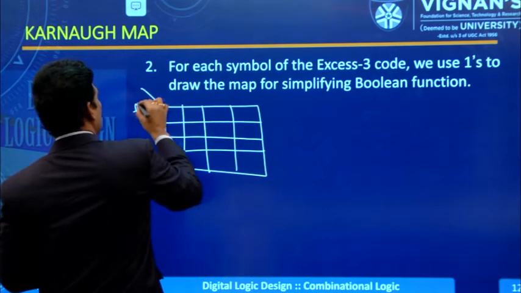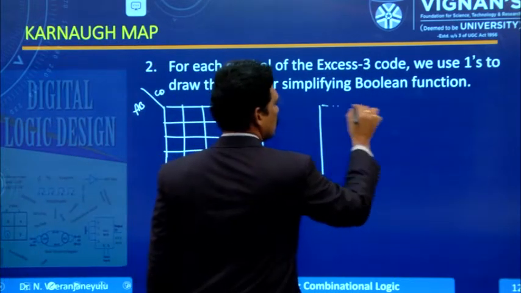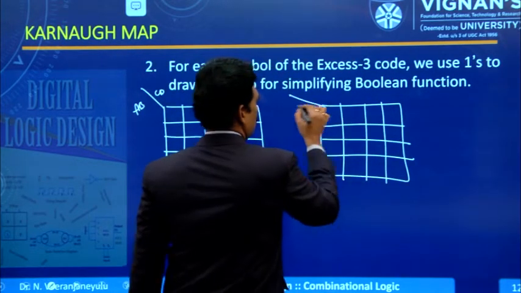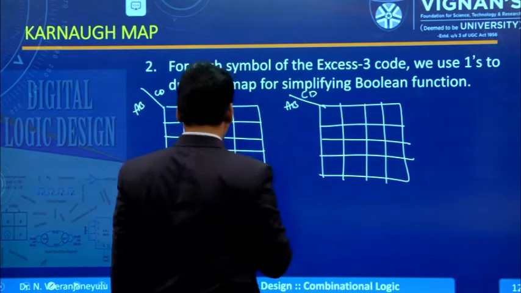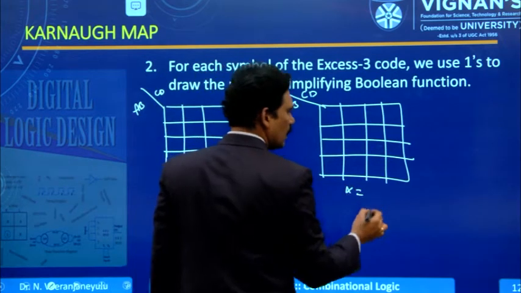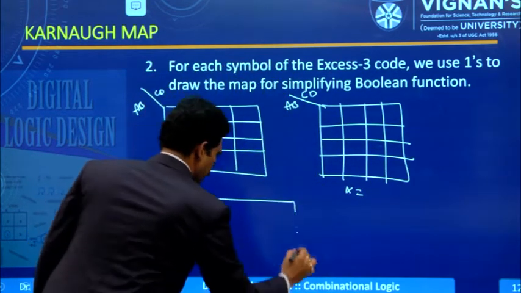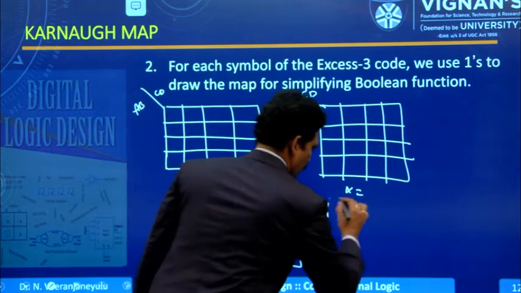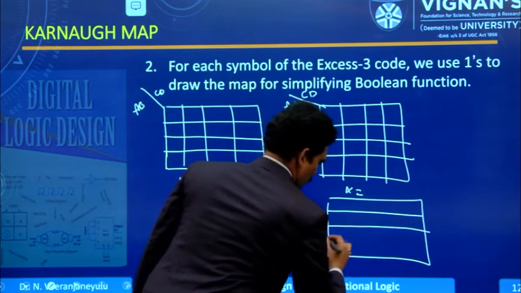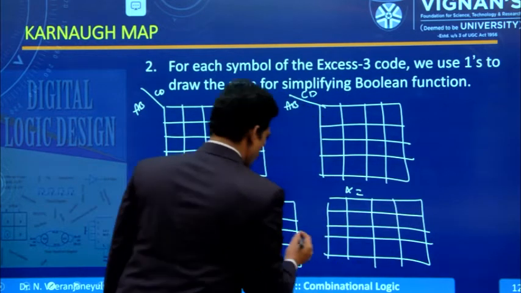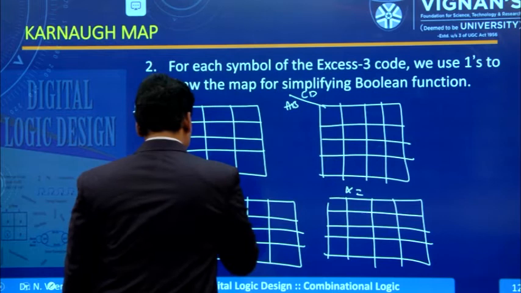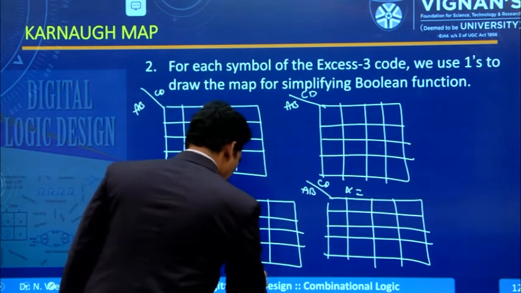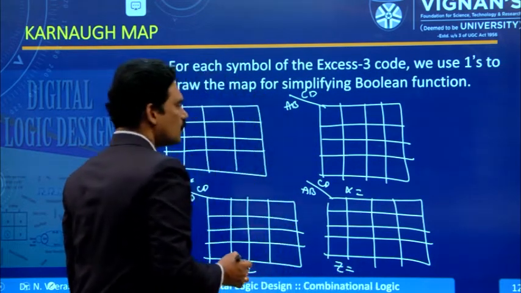The input combinations are A, B, C, D, and the expression for W, this is X, and next one is Y and Z. Here, this is A, B, C, D for each, and this is for X, this is for Y, and this is for Z. How to write this one?